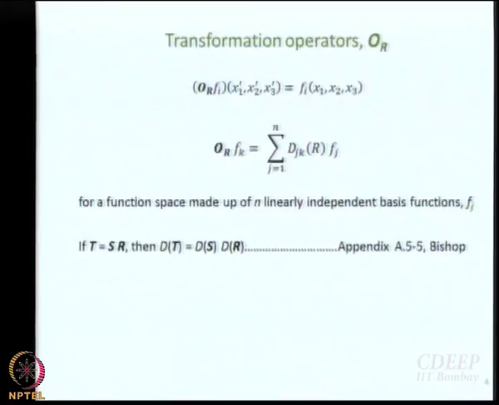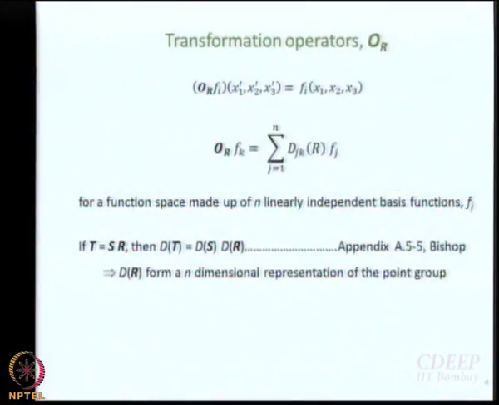What I am saying is that if T is SR, then their corresponding transformation matrices are also product of each other, dT equal to dS into dR. I think this is something that should come to you intuitively. If not, please look up appendix A.55 Bishop.